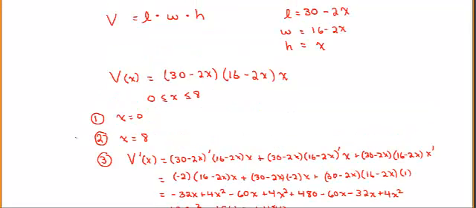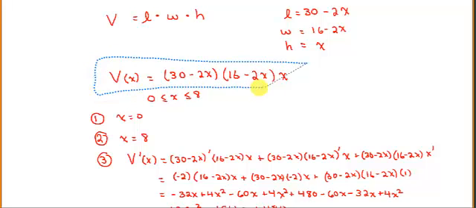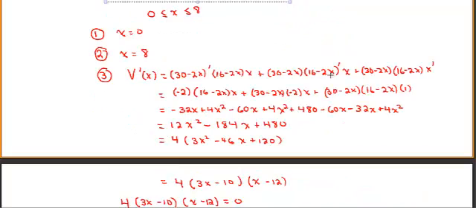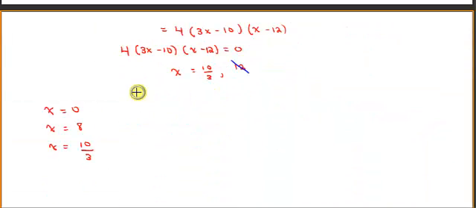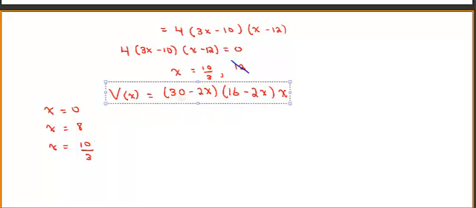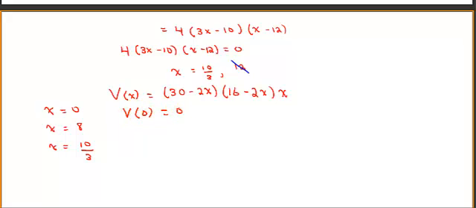Let me remind us of what our function was. Our function was this. If x is equal to 0, notice that this term is 0, so V of 0 is 0, a flat piece of paper, because we haven't cut out any squares.